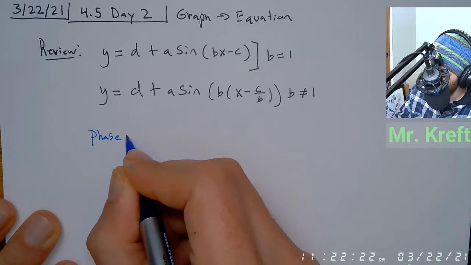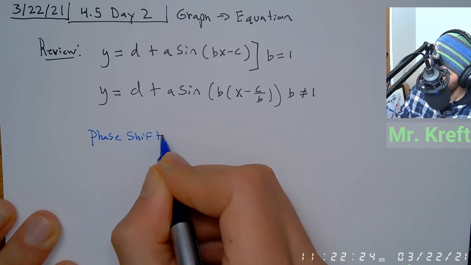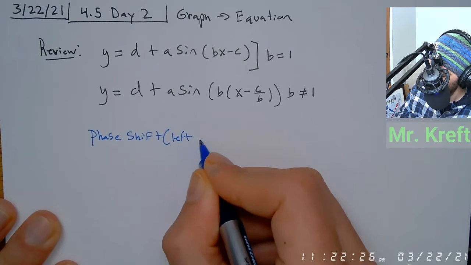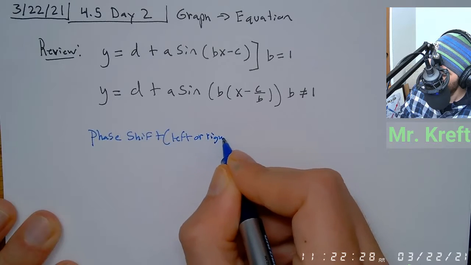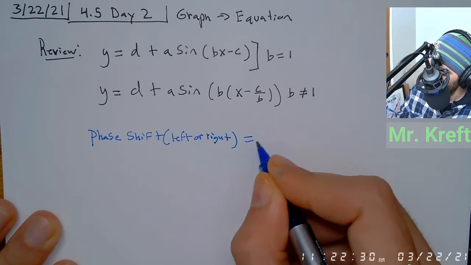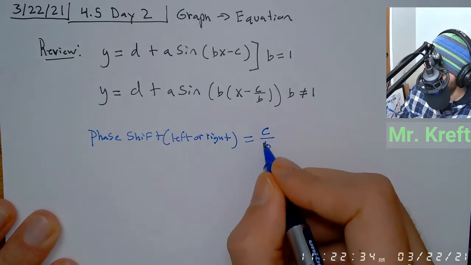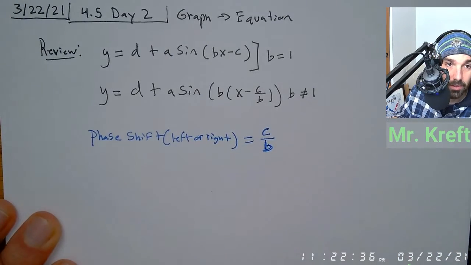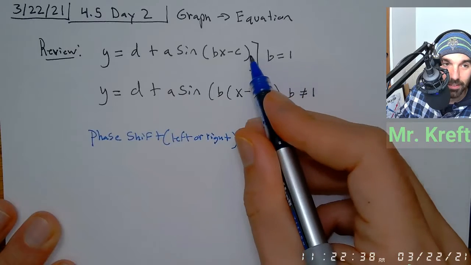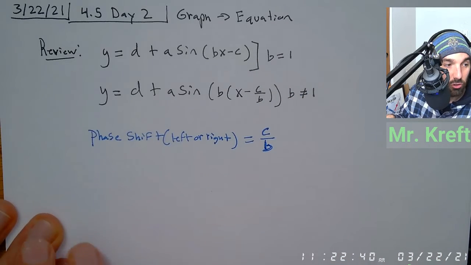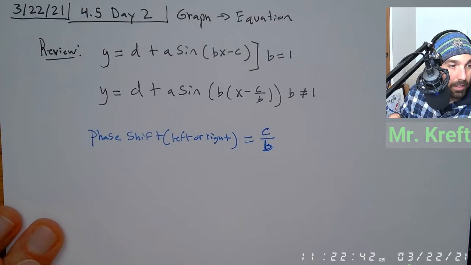Your phase shift, that's left or right, equals c over b. And if b is 1, then it's just c. So that's your phase shift, left or right.